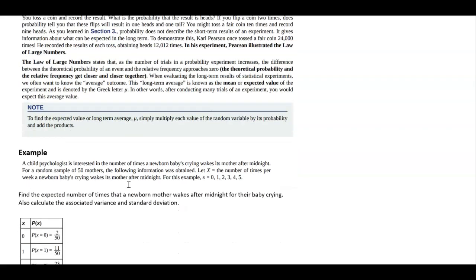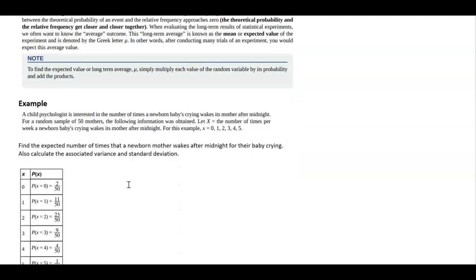In order to do that for a random variable, you need to multiply each value of the random variable by its probability and then add the products, meaning the mean is the sum of x times its probability.